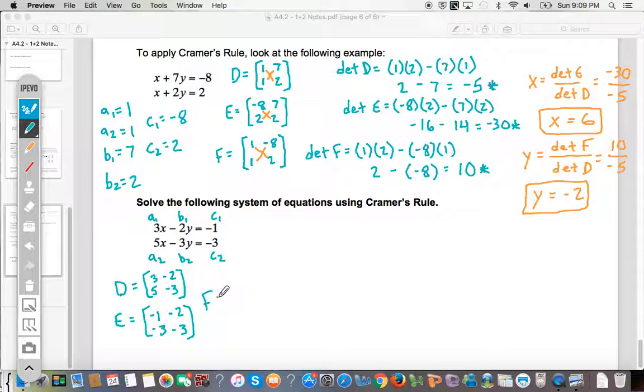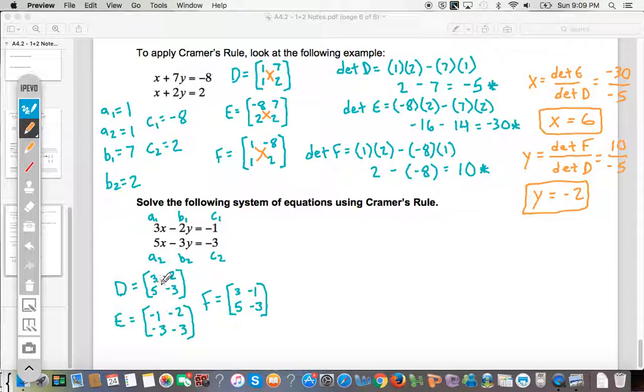And I have F, which is A1, A2 in our first column. So I have 3, 5, and C1, C2 in my second column. So I have -1, -3. Okay, so now I need to find the determinants of all of these.